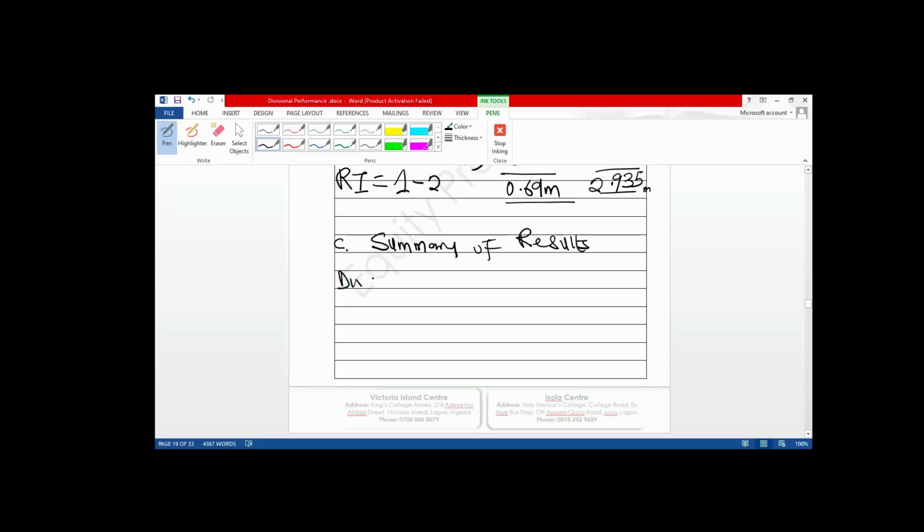We have Division X and Y. Current return on investment for both divisions, 18%, 18%.